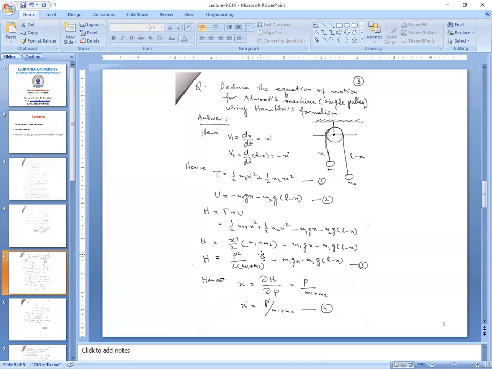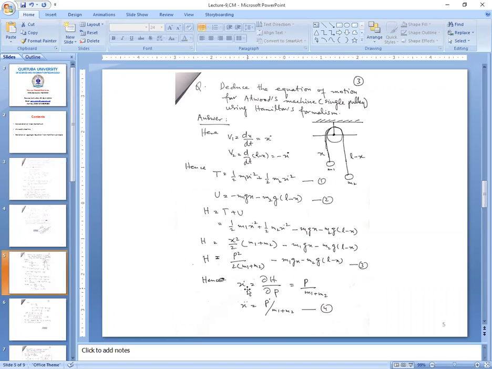Momentum is equal to mv, so m square v square will become p square. So this is the momentum p square, and here the mass is in fact m1 plus m2. We have transformed this equation in terms of the momentum, and these two terms will come as they were before.